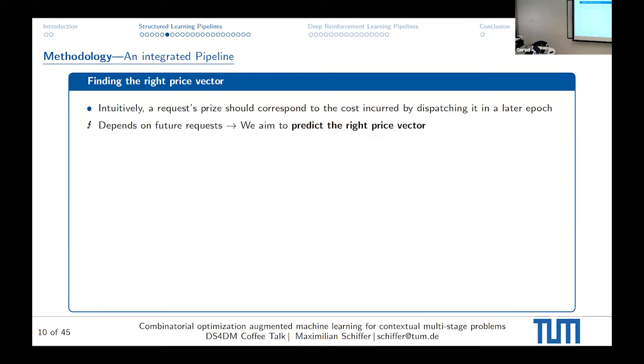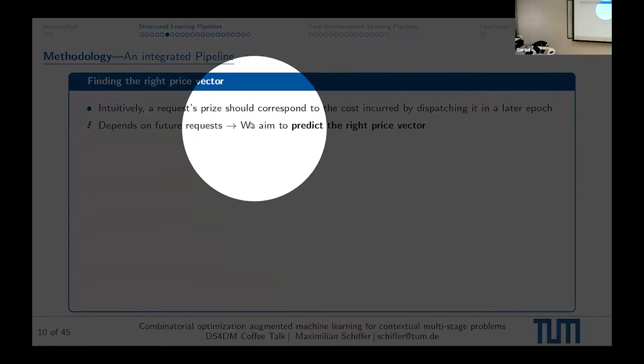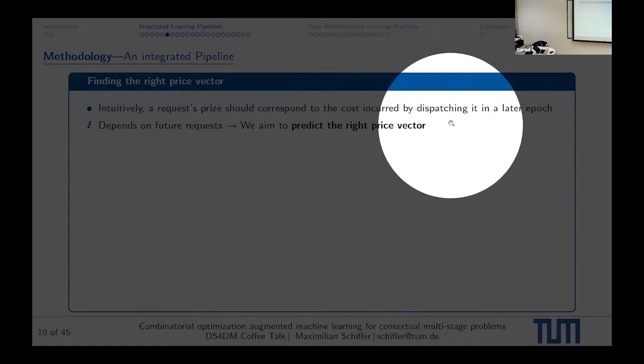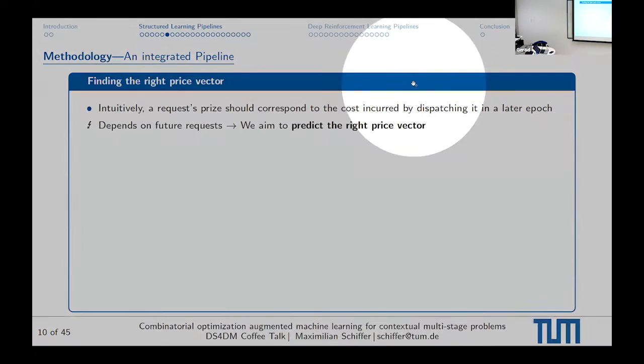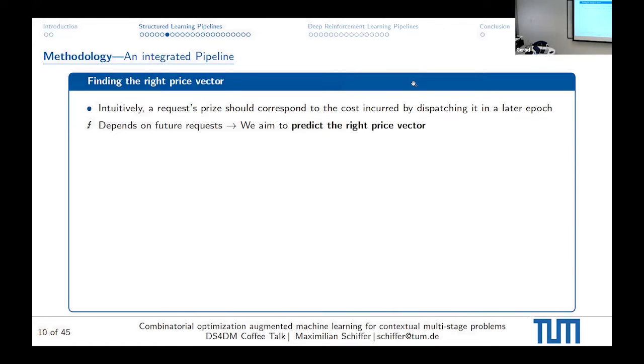So that brings us to the main part, which is the question: how do we find the right price vector? Intuitively, that price vector should somehow incur the consequences for later epochs. If you think about it not in terms of profit prices but cost pricing, then you want to price how costly it is if you delay that.